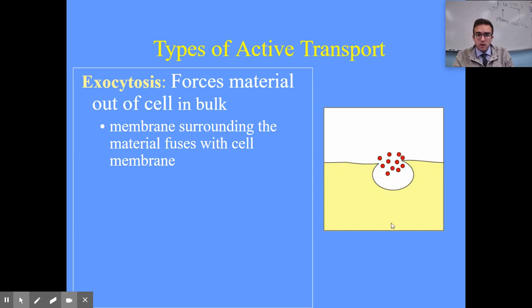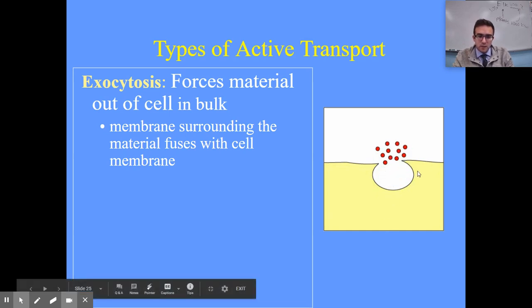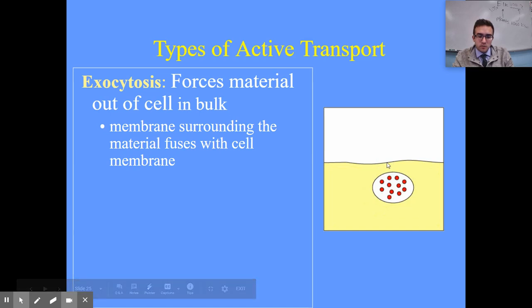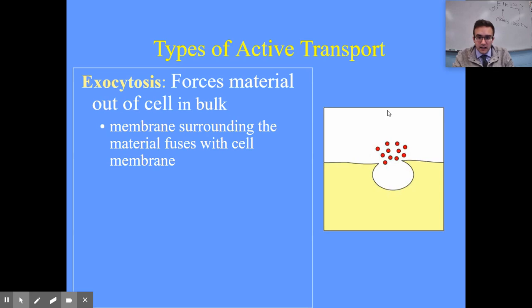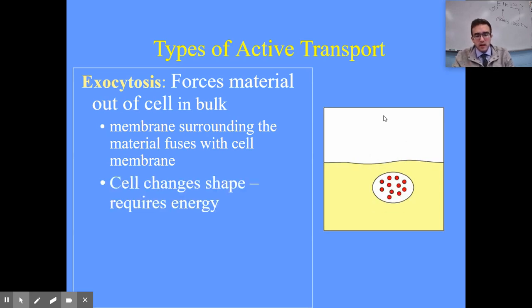The vesicle will find its way to the cell membrane, where it will merge with the cell membrane and force stuff outside of the cell. Simple as that. The cell is changing shape because it's getting bigger, because we're adding stuff to the cell membrane. So we're increasing the surface area of the cell, and that requires energy.